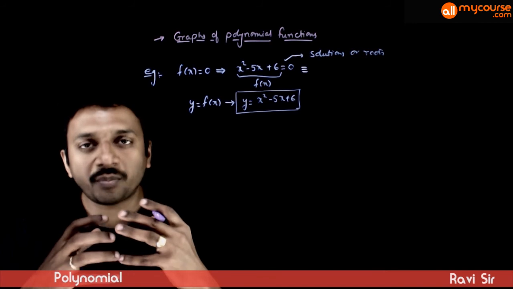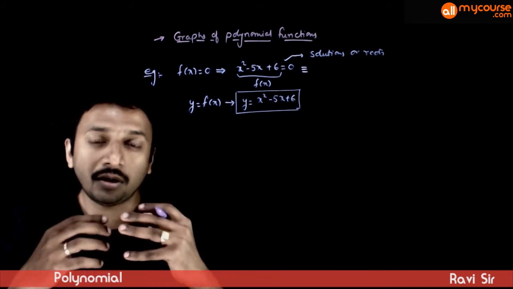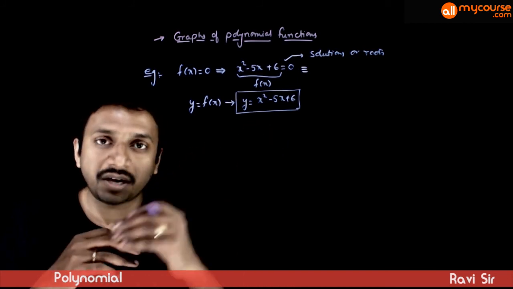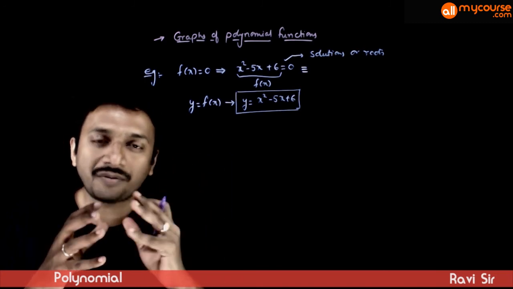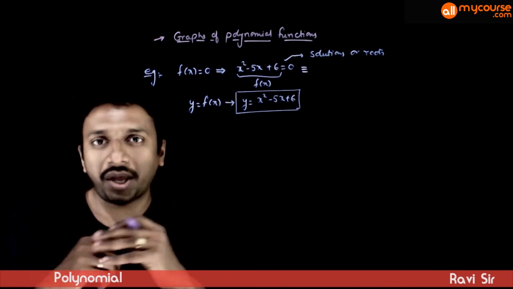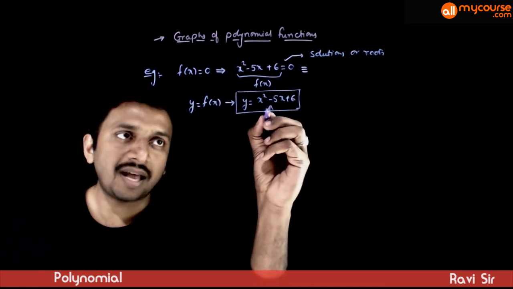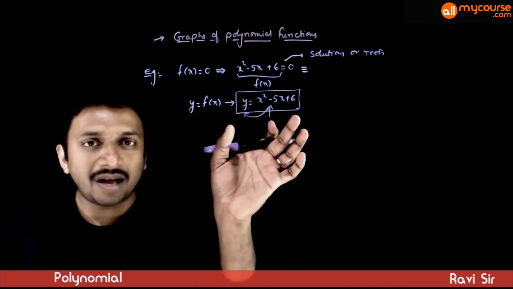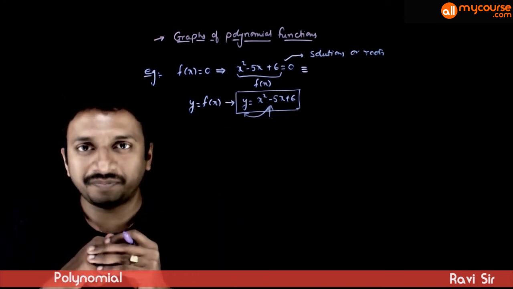So we solve a polynomial equation and get the solutions or roots of the polynomial equation. But we don't solve a function. A function is some sort of a rule which connects x to y. We substitute different values of x and you get different values of y.